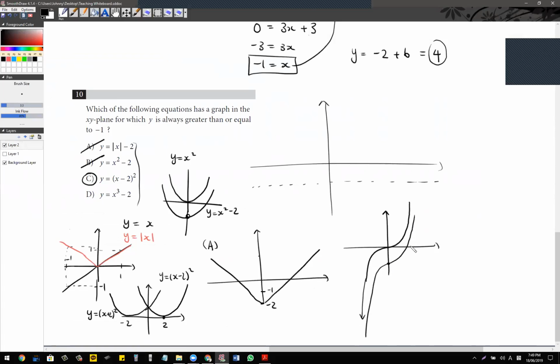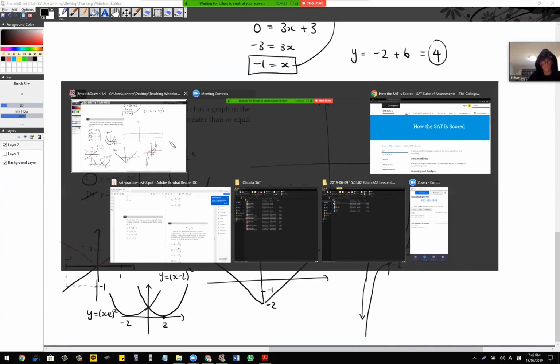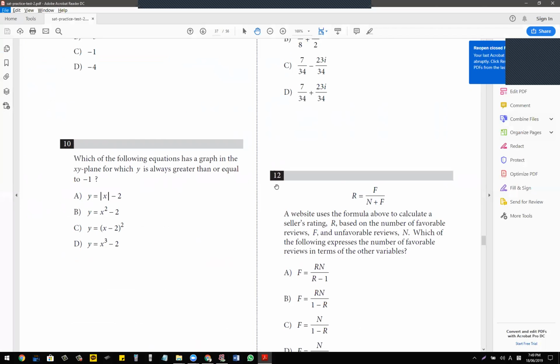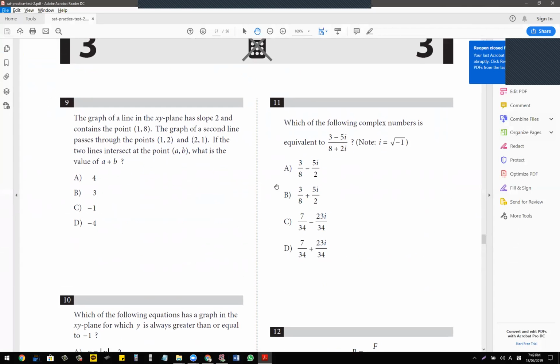That's negative 2, so that's actually below negative 1, so that's out. We're going to come back to more graphs if it's required later on, but we're just going to leave it there for now.